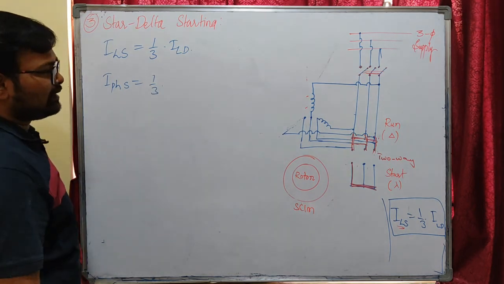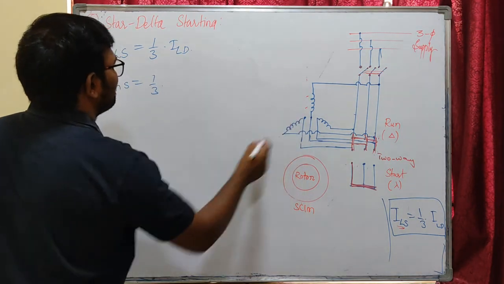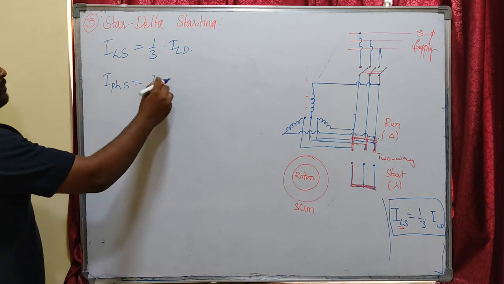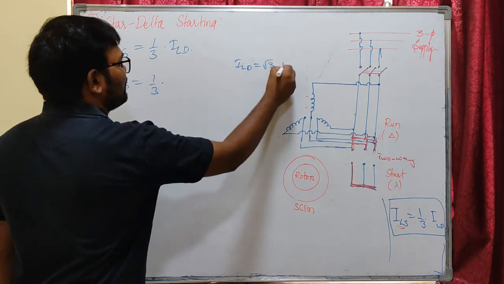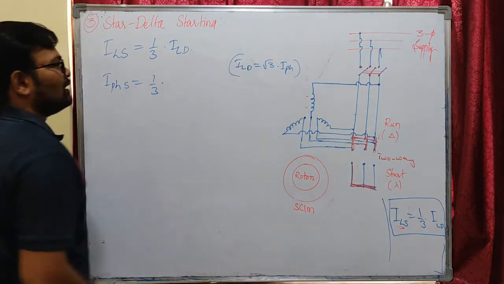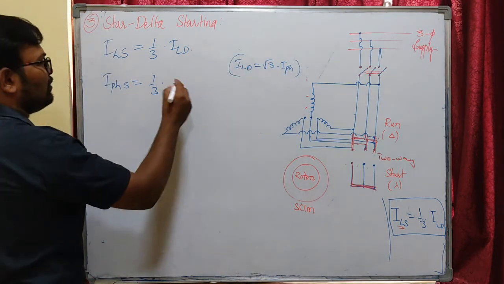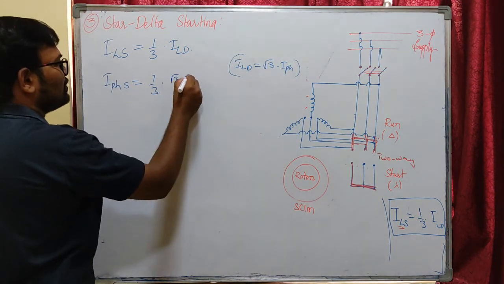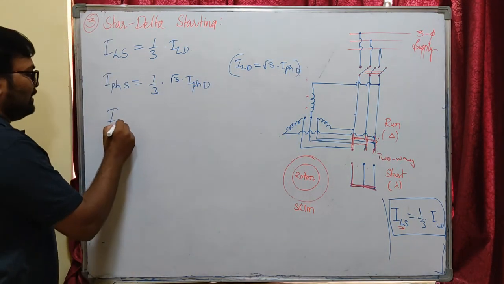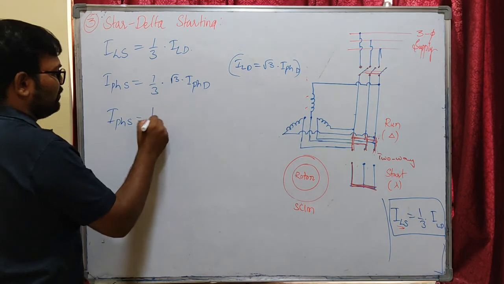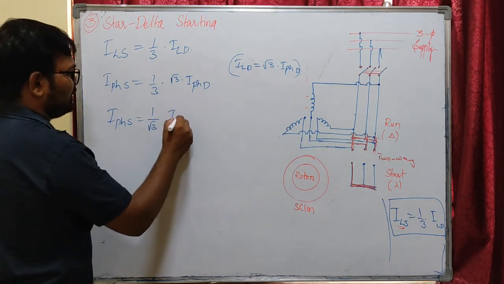What is the phase current here? For delta, my line current ILD is equal to root 3 times my phase current. So I am replacing my ILD with root 3 times my phase current in delta. That will become the phase current in star equal to 1 by root 3 times my phase current in delta.